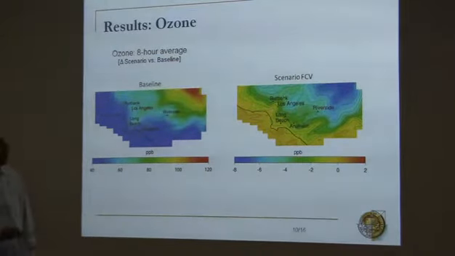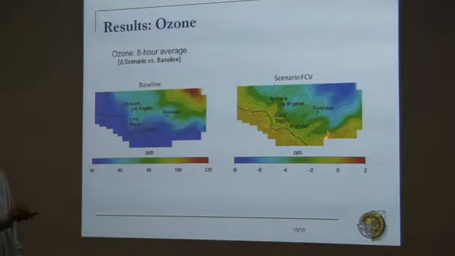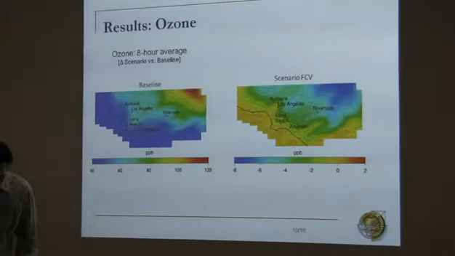So the statement is, look at that, we change everything to hydrogen, and in most of the places you see very little change. So cars are not the source of pollution in most of the area. Okay, several things are wrong with that statement.